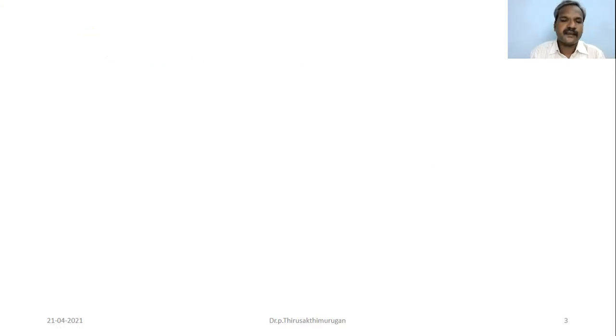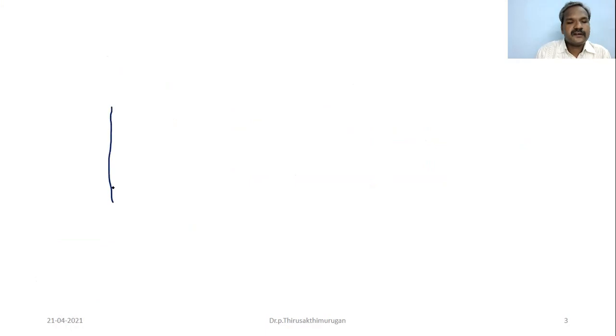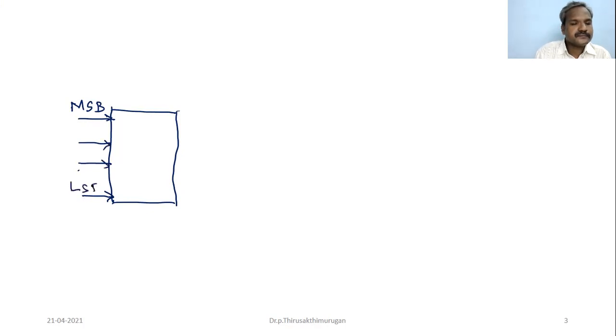So let's see in block format. There are digital control switches with digital inputs, say 4-bit, from MSB to LSB. Then a very good reference source, V reference, goes to the resistor network circuit.